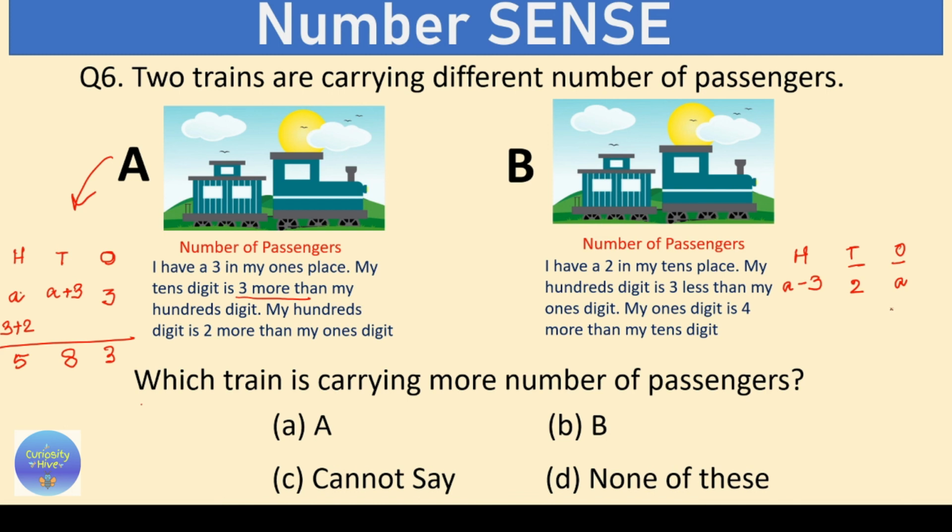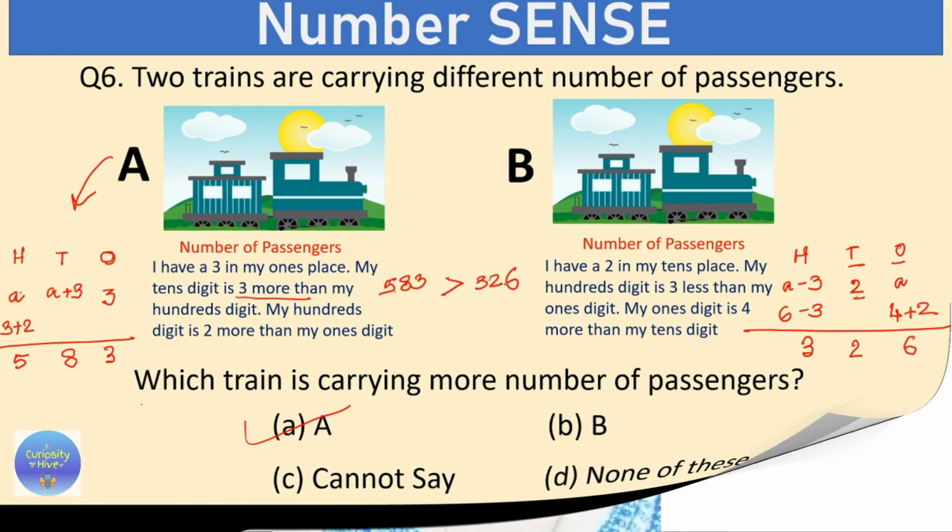So my ones digit is 4 more than my tens digit, which is 2. So I get my ones place as 6, tens is 2 and hundreds, replacing A by 6, will be 6 minus 3 which is equal to 3. So clearly A is carrying more number of passengers because 583 is greater than 326.